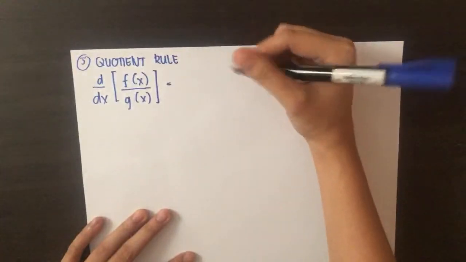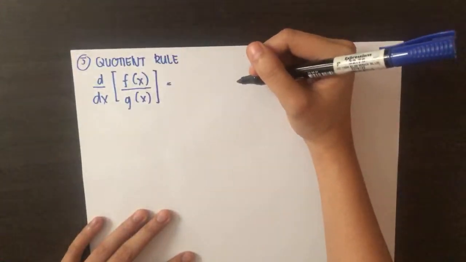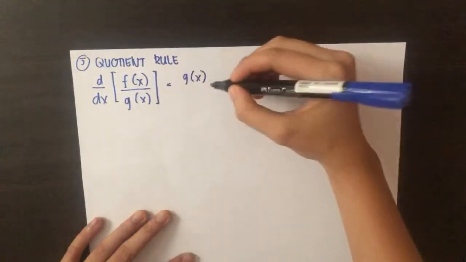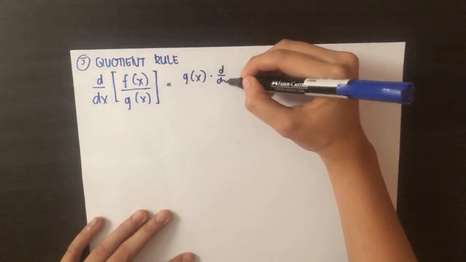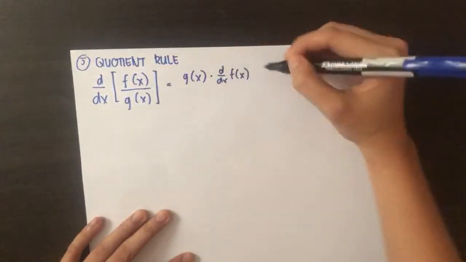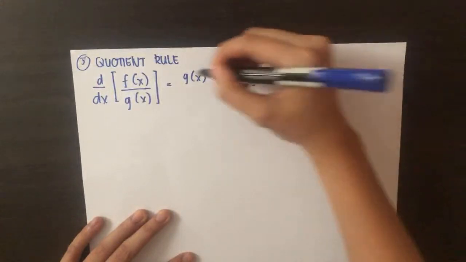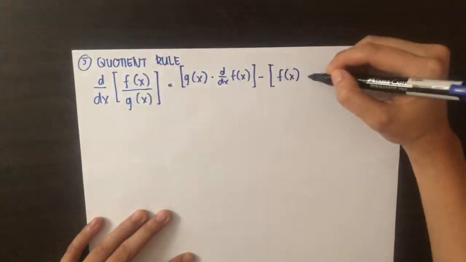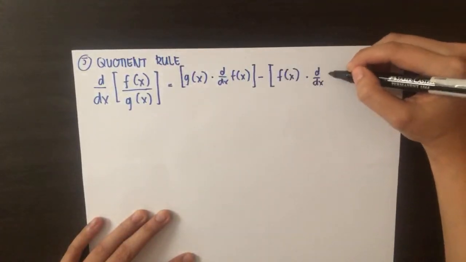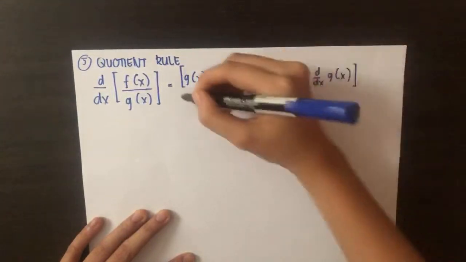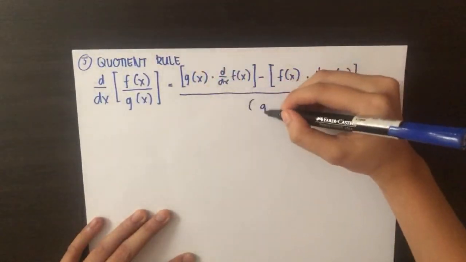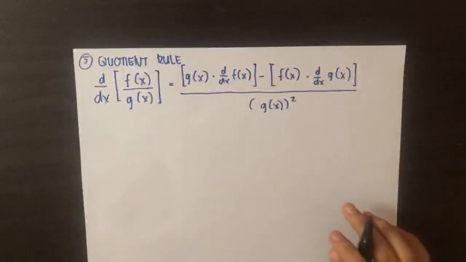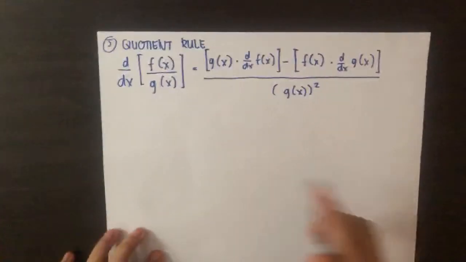Ngayon, ang formula dito is g of x, ito, times the derivative of f of x minus f of x times the derivative of g of x over g of x squared. Ayan. So, let's proceed sa example.